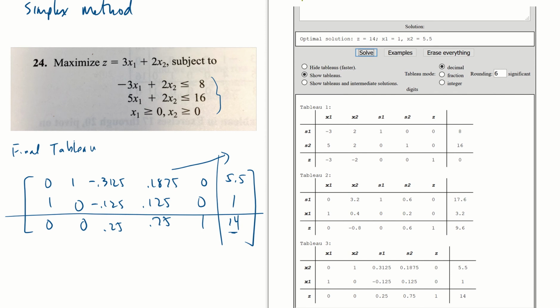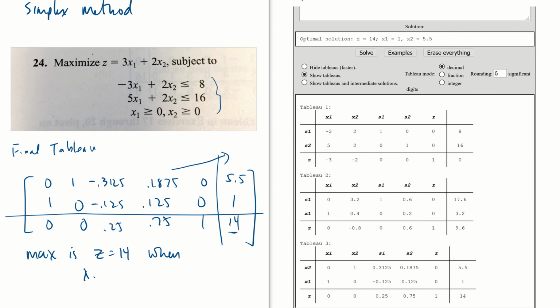I want you to tell me that the max is z equals 14, when x1 equals 1 and x2 equals 5.5, and that comes from reading x1 and x2 here. Again, we can solve this tableau manually, but we're using our software to do that.